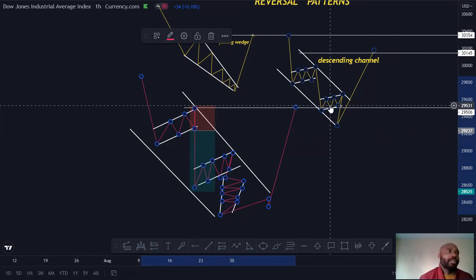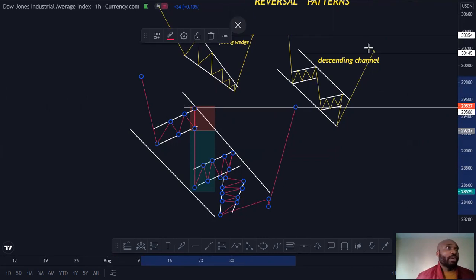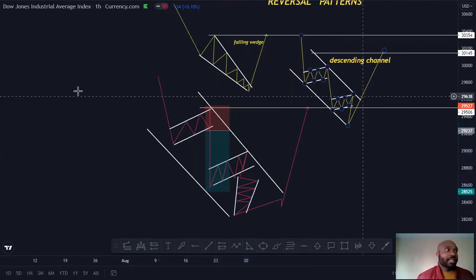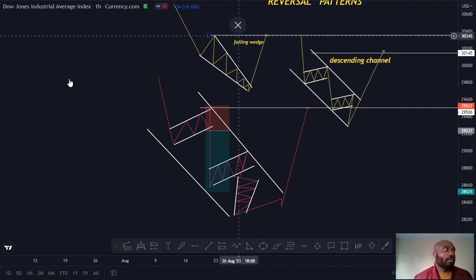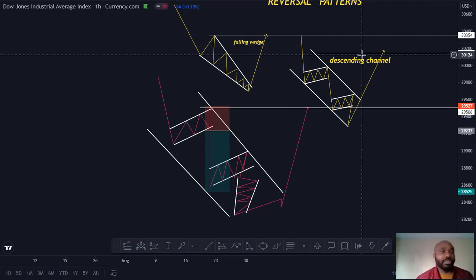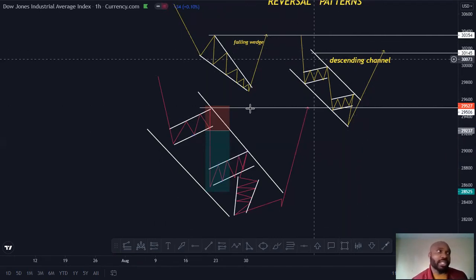What I would like to do in the next lessons is jump into the charts and show you guys the patterns we just learned right now. I'd like to jump into the charts and explain these patterns that we just saw. I'm not sure if we still have time, but we are going to try and post maybe a part 3 of chart patterns, on the charts and not on the blank page like we just did.